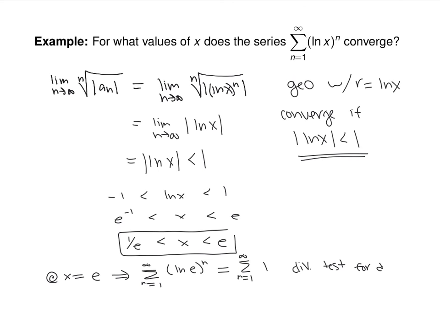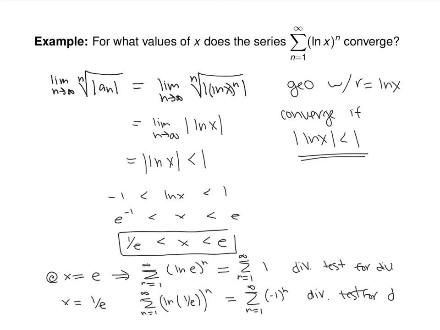The terms don't go to 0. If you plug in x equals 1 over e, you have to observe that the natural log of 1 over e is negative 1. So you've got the sum from n equals 1 to infinity of negative 1 to the n, and that will also diverge by the test for divergence.